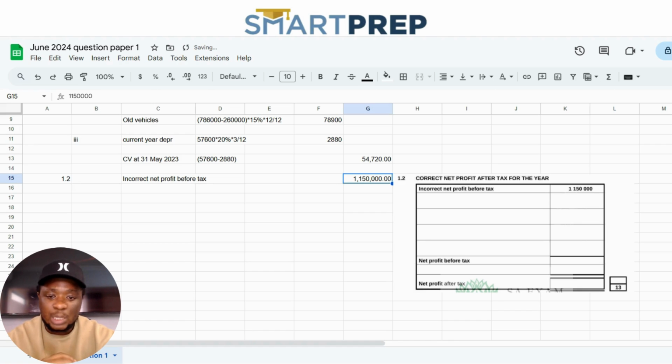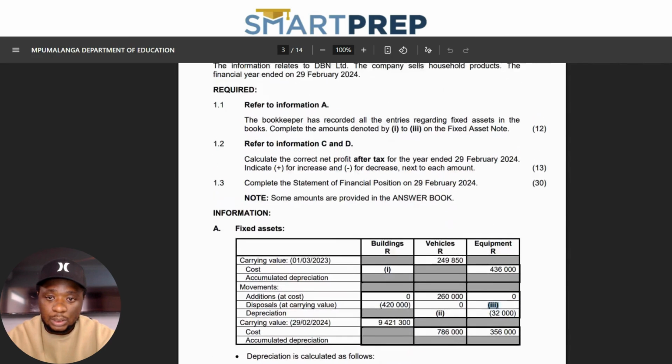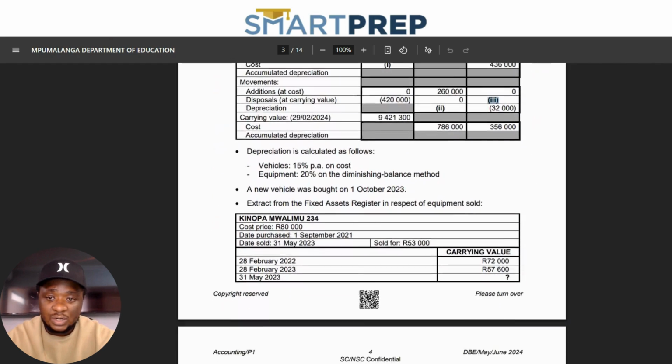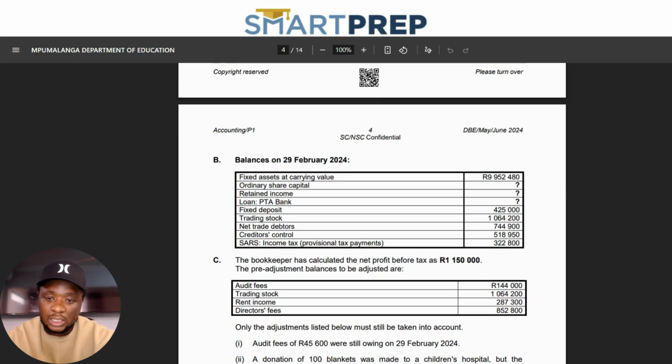So now in that amount that we've been given, we would need to figure out what are some of the things that were not taken into account when that net profit before tax was calculated. So let's go and find the relevant information for this. It says to refer to information C and D, so you have a direction. B is just the list of balances, which may be relevant, but mainly we want to be looking at C and D. So C says the bookkeeper calculated the net profit to be 1,150,000.